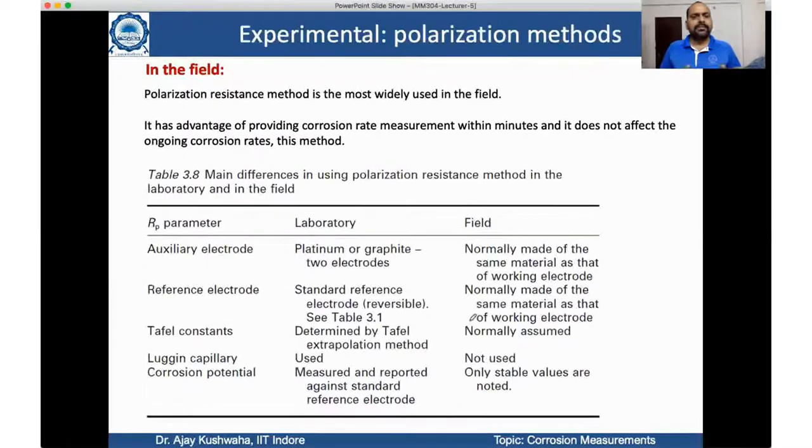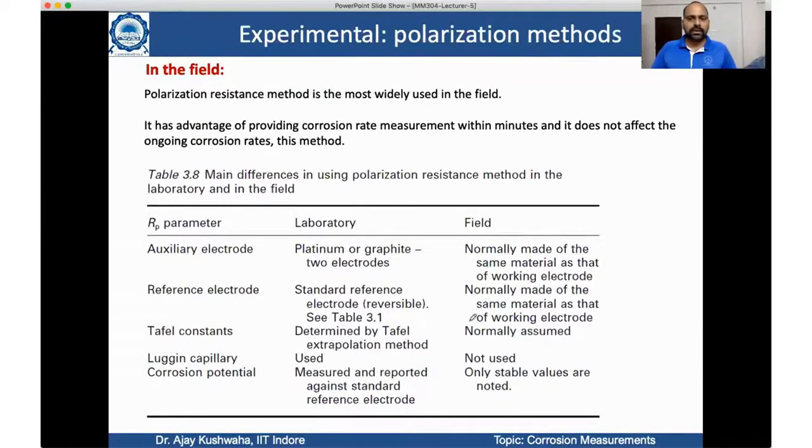So if we compare the parameters, what are the differences between the experiment in the laboratory and the measurement in the field? Let's say we talk about the auxiliary electrode, meaning the counter electrode.